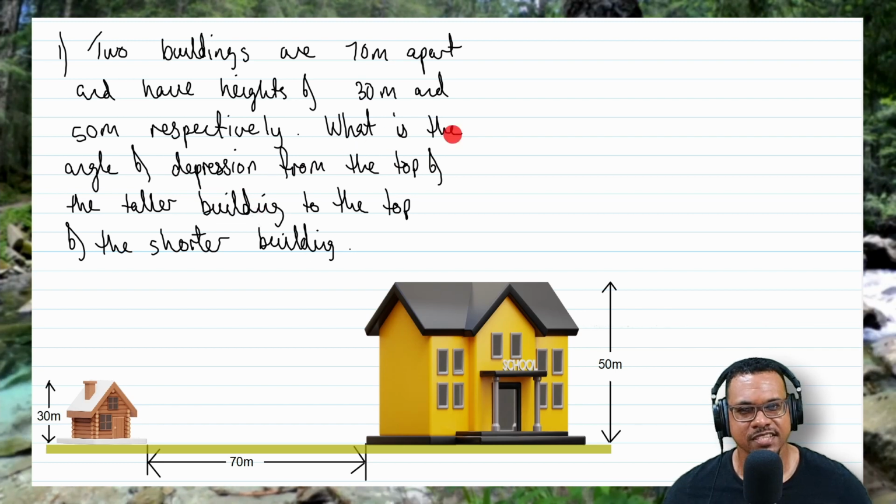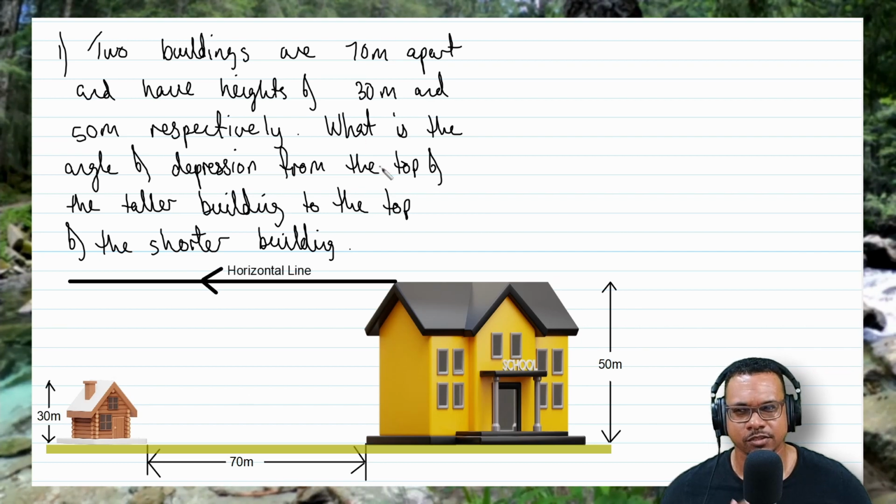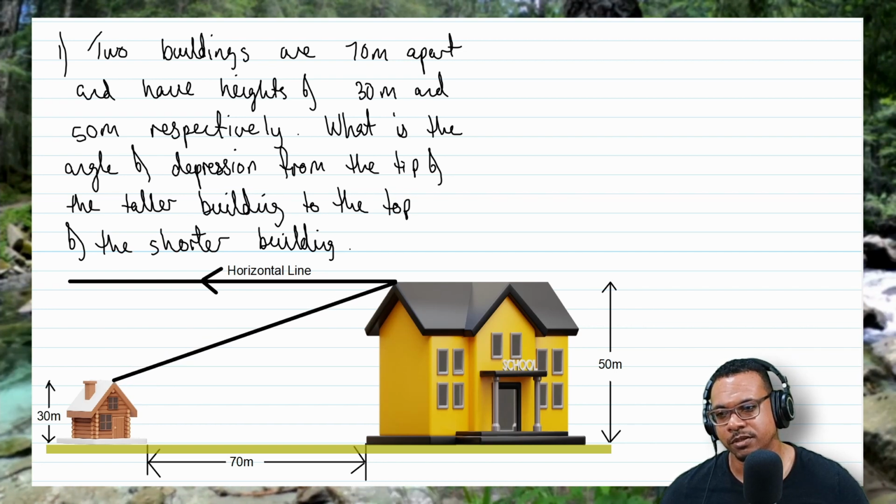So from the time I say what is the angle of depression from the top of the taller building, I have to draw a horizontal line from the top of the taller building. So that is, what is the angle of depression from the top of the taller building to the top of the shorter building? So this line will come down like this now to the top of the shorter building. And this angle within here would be my angle of depression.